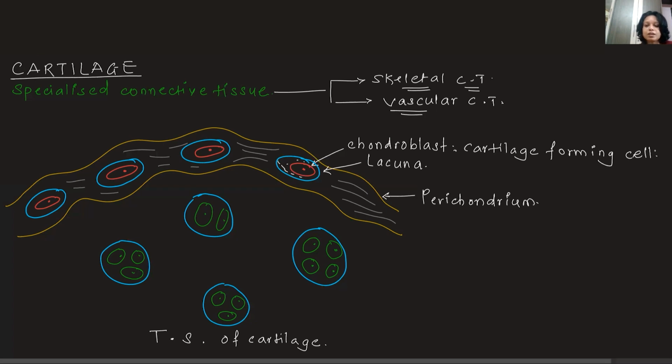Now, one thing is to be noted over here. Only one margin of cartilage has perichondrium, and chondroblasts are seen only in the perichondrium. So cartilage growth is seen in one direction only. So I can write over here that cartilage growth is unidirectional.